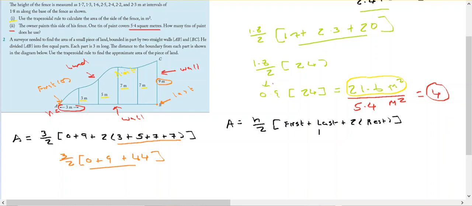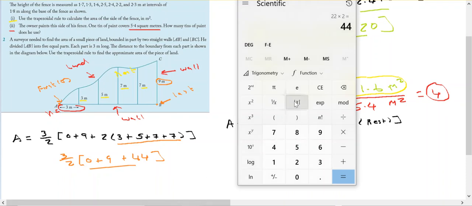So it's going to be 44 plus 9 plus 0, which is equal to 53.